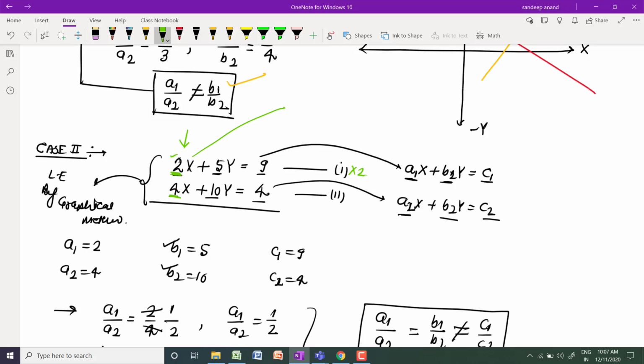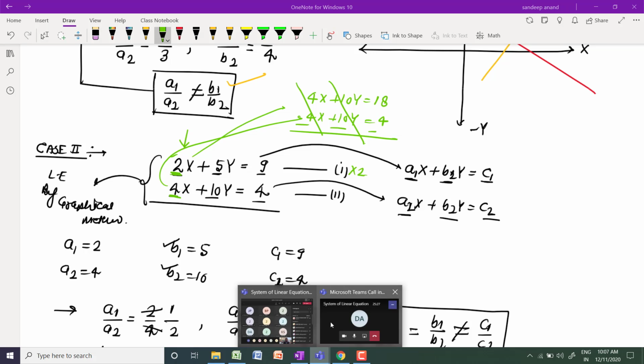So now I am changing this equation. It comes 4x after multiplication by 2 plus 10y is equal to 18. And the second equation I am writing as it is: 4x plus 10y is equal to 4. So if you subtract, what will you get? x is gone and y is gone at one instant, and you will get no solution.